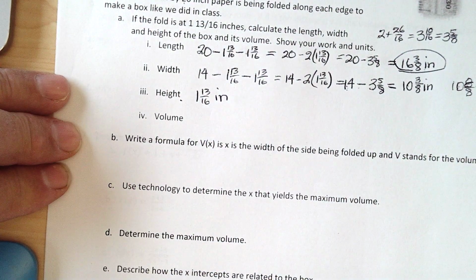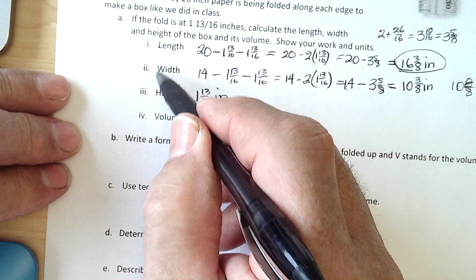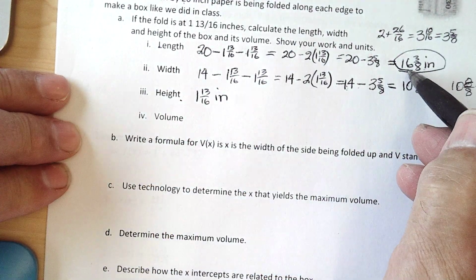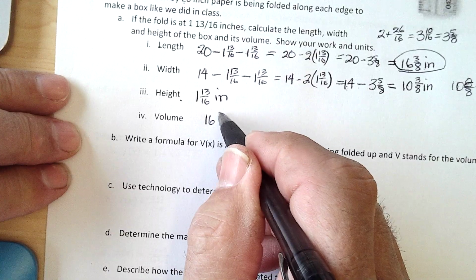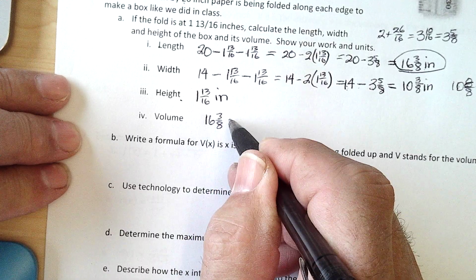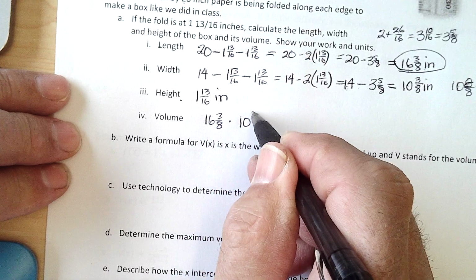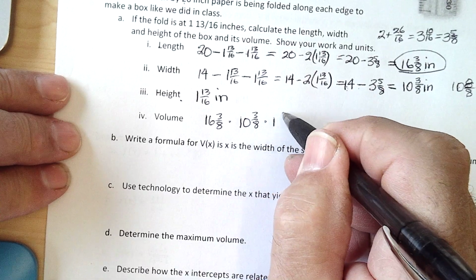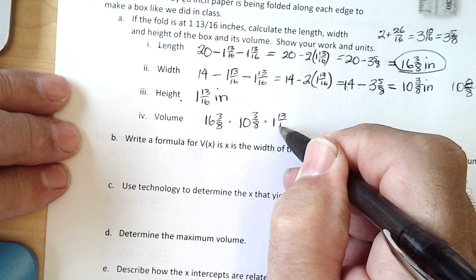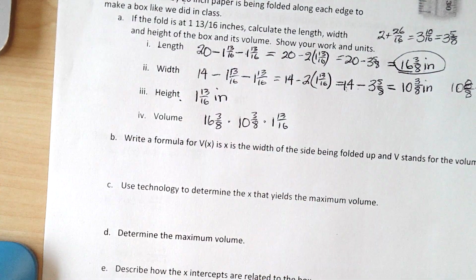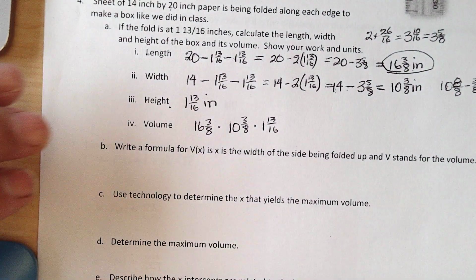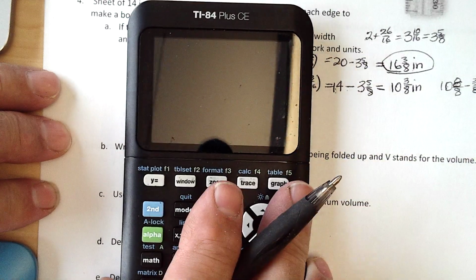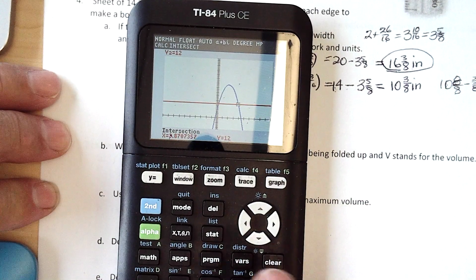And the volume is length times width times height. So it's 16 3/8 times 10 3/8 times 1 13/16. Now, a few of you doing the test converted those.